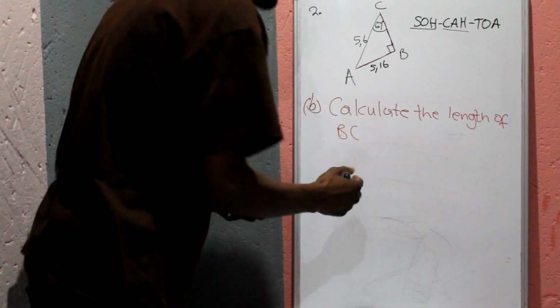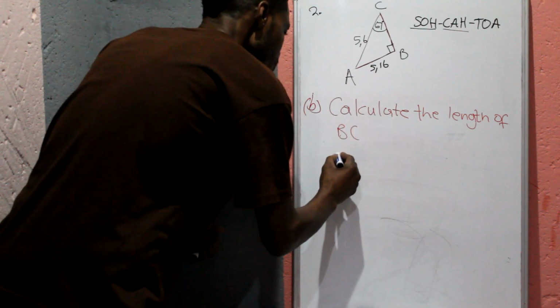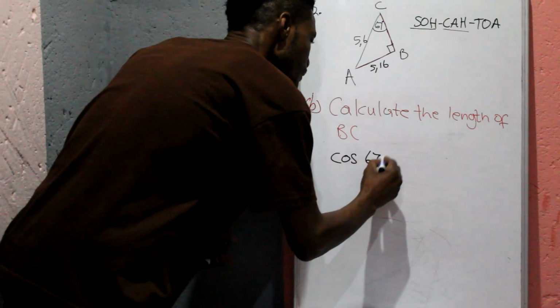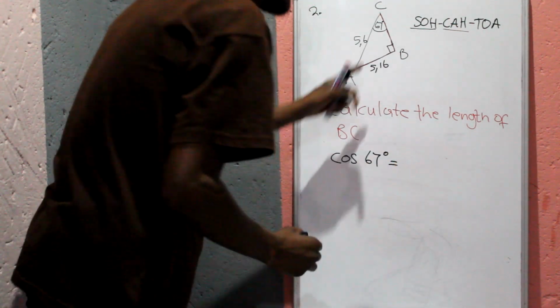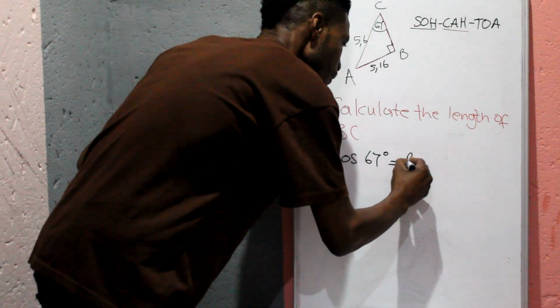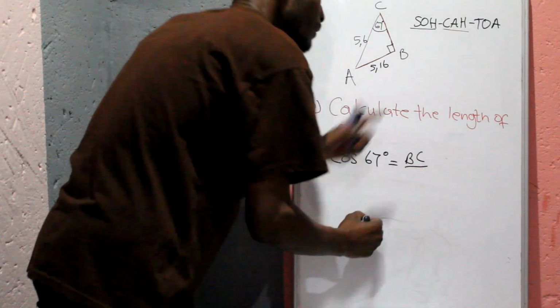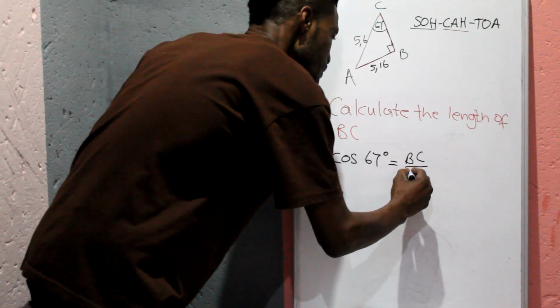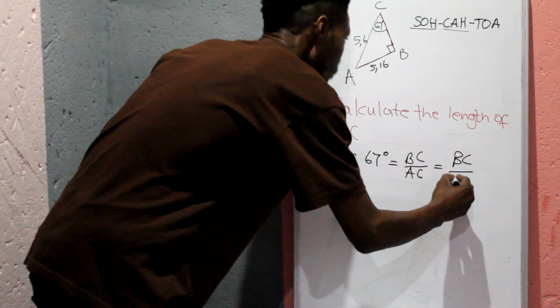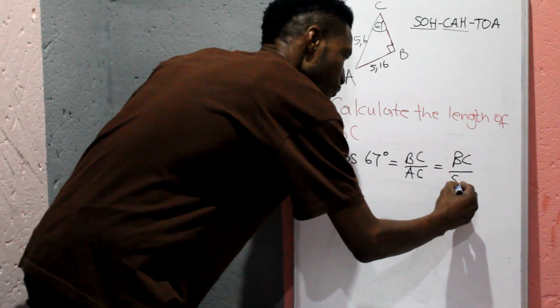Now for BC, we have already agreed that it's going to be cos 67 degrees equal to the adjacent side, which is BC, over the hypotenuse side, which is AC, and that's going to be BC over AC being 5.6.